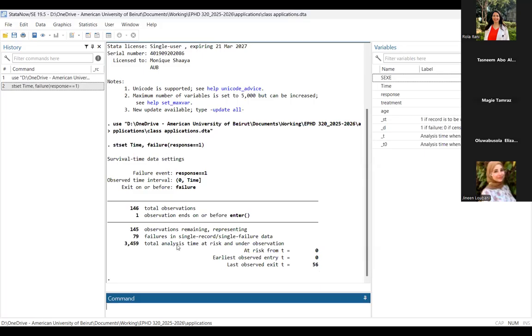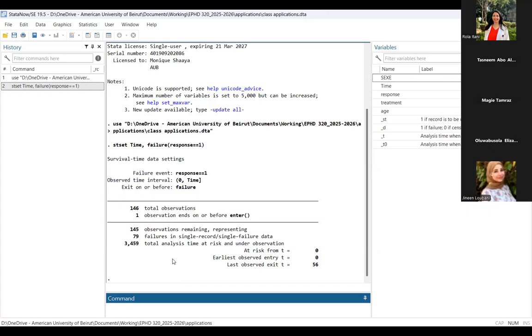We have set it up as survival data. Now the failure event response is 1, observed 0 time, exit on or before the failure. We have 146 observations, 1 observation ends on or before we have any event. We have 145 observations remaining, 79 failures, that means 79 events, and the last observed exit was at 56 months.